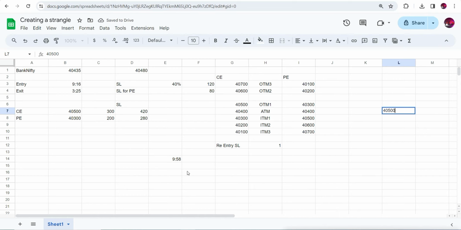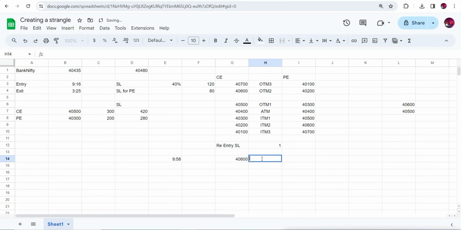Whenever the call side stop loss is hit at 9:58, assume the Bank Nifty is at 4480, so the at the money strike is 4500. What is the one strike out of the money strike? It is 4600 for the call option. So it will select the 4600 call option and sell it immediately as soon as our stop loss hits.